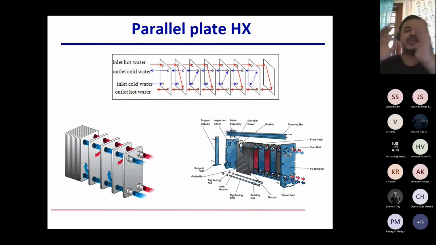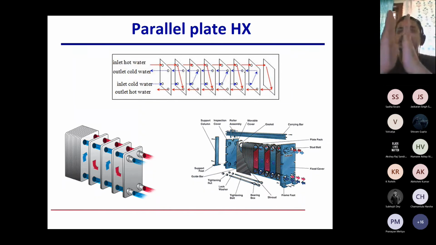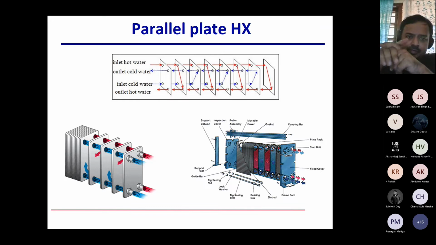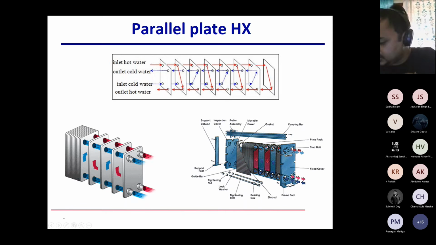So in the first gap between plate 1 and plate 2, you have hot fluid. But between plates 2 and 3, you have cold fluid, and so on. So between two adjacent gaps, you have the hot and cold fluid circulating. Okay. So how does this happen? The hot inlet water comes in from here. Let me use the laser pointer.